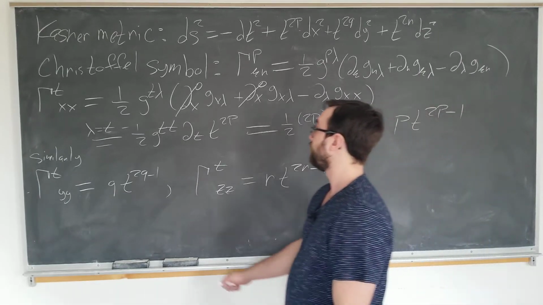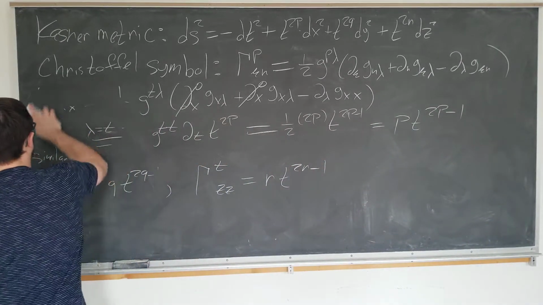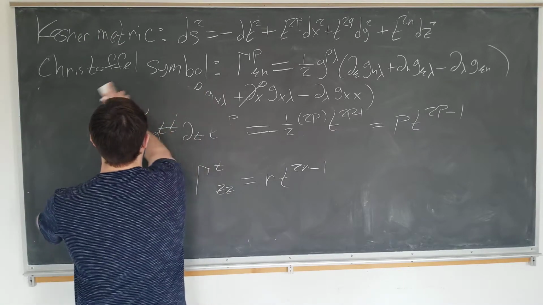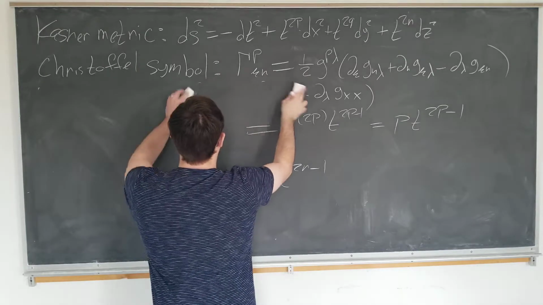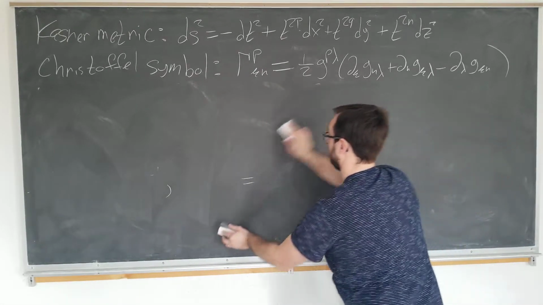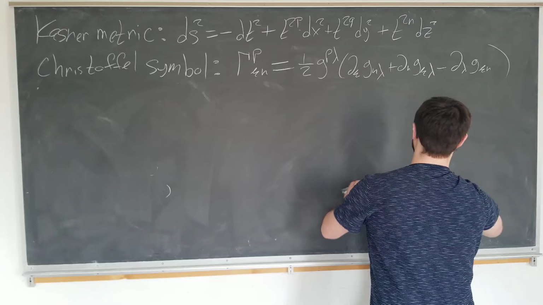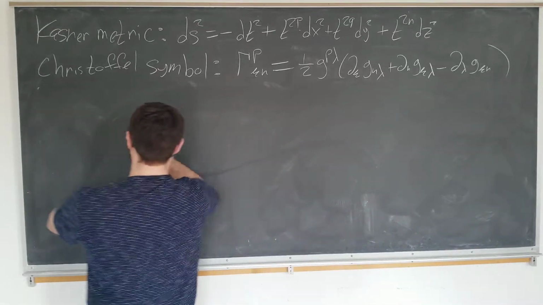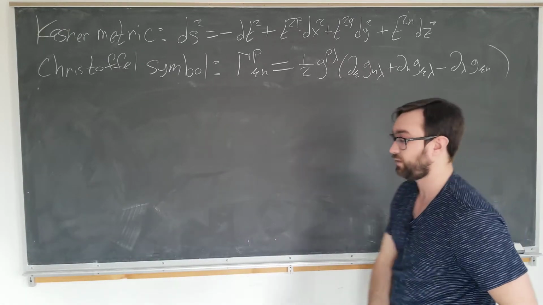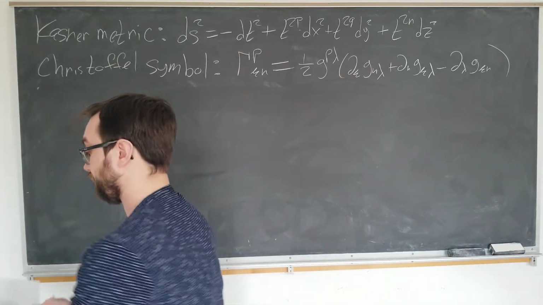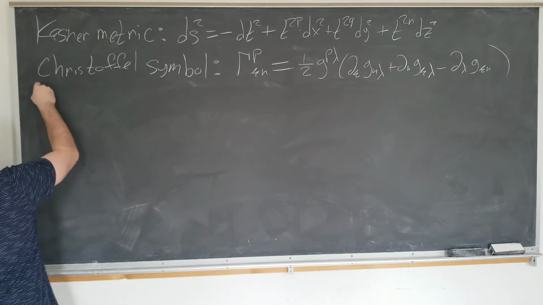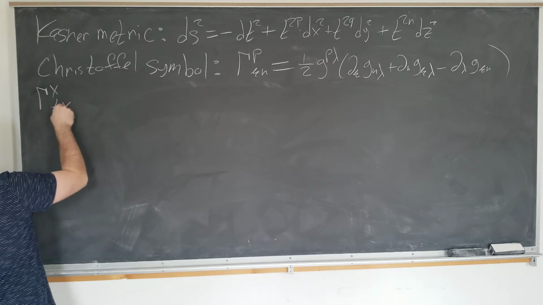Excellent. Let's go ahead and look at some more non-zero combinations. Okay, there's a second family here, like Γ^x_tx.